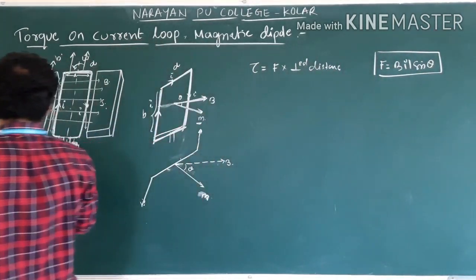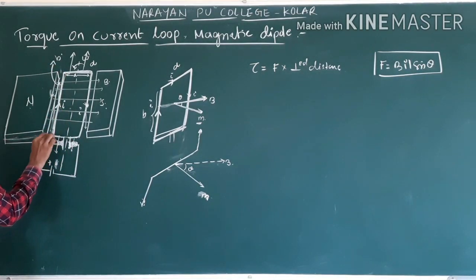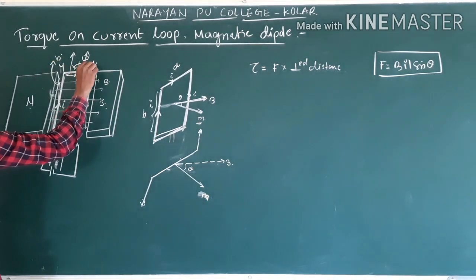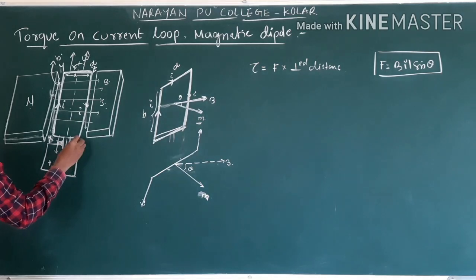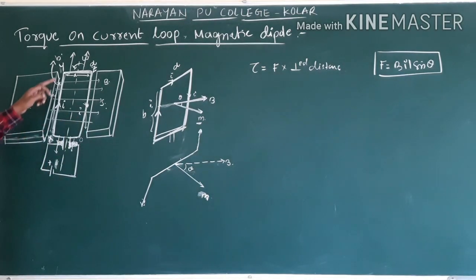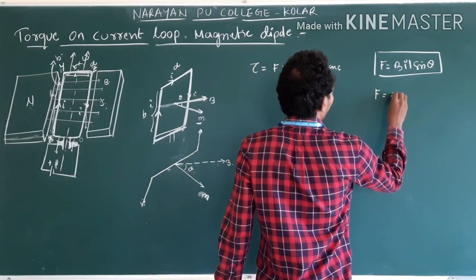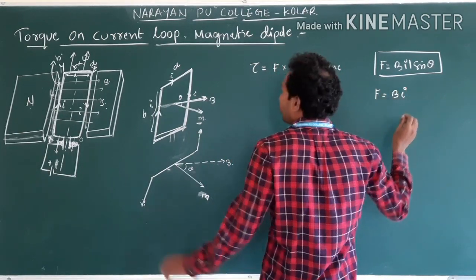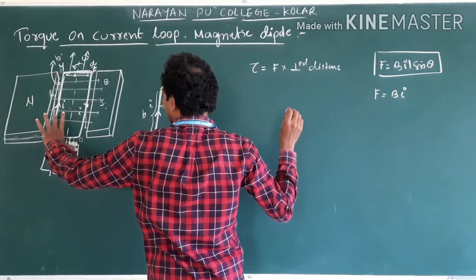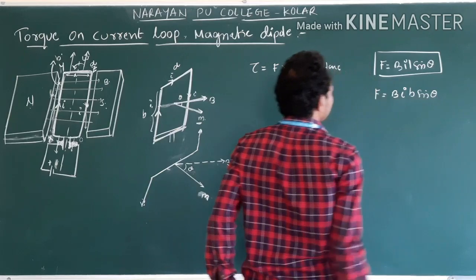If you take the arms, let us say A, E, X, Y, Z, and let us say O. The force on XY, how do we write? F is equal to B is same, current I is same, what is the length of this conductor? B. B sin theta.